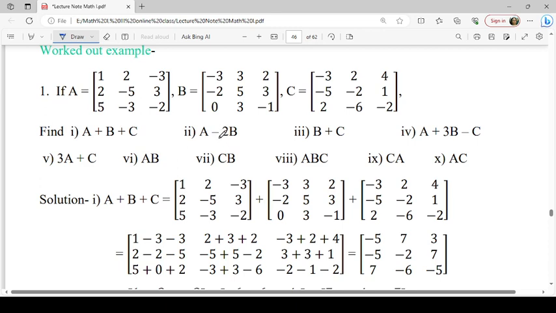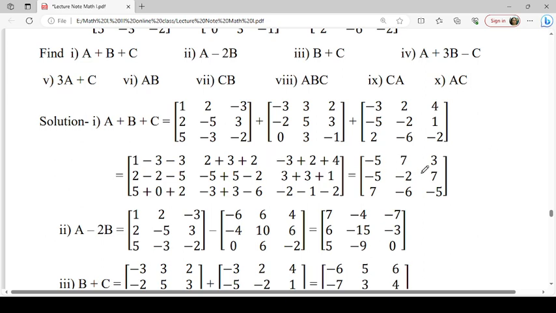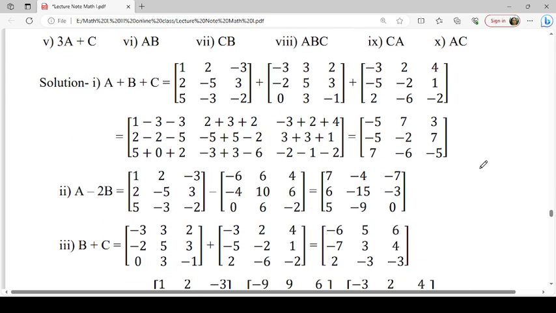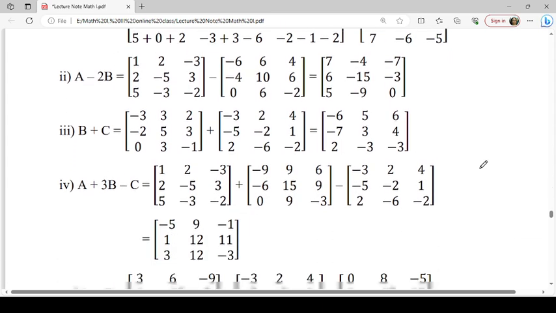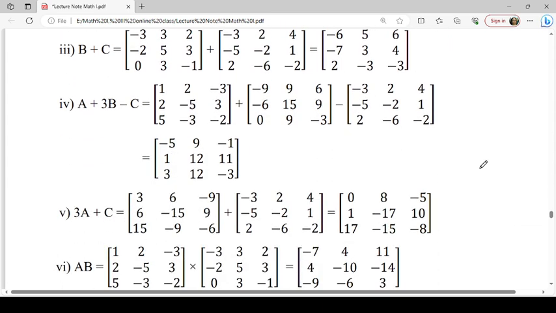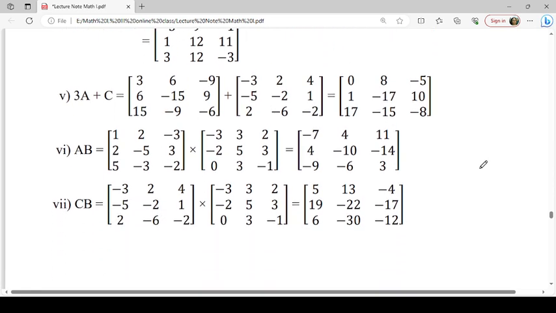Then A minus twice B, so multiply by minus 2, 2 into minus 3 is minus 6, then this is 6, this is 4, this is 4 minus 4, this is 10, this is 6, 0, 6 minus 2. So this is twice B, then A minus B, subtract it. So these are the procedures. Then A plus B, A minus B are solved. Then AB, it is the definition of product.